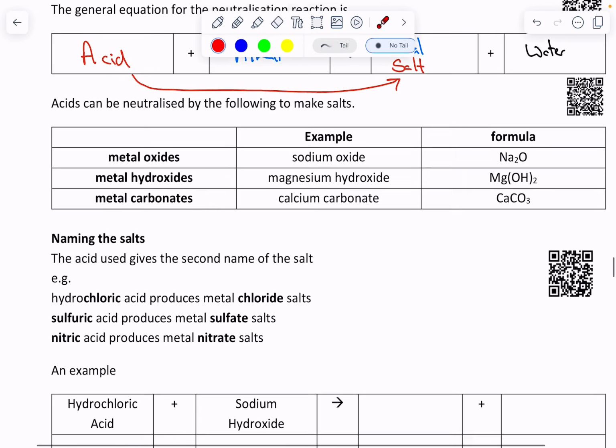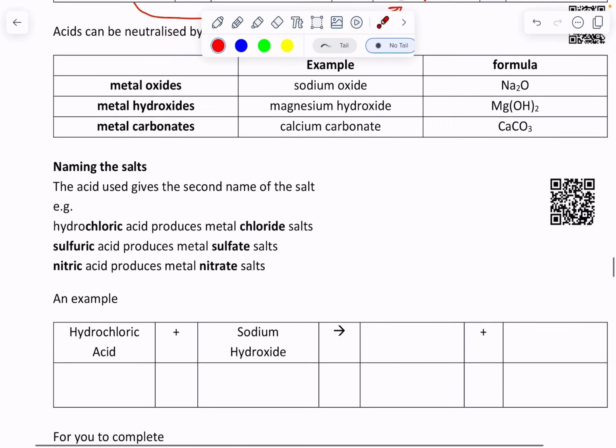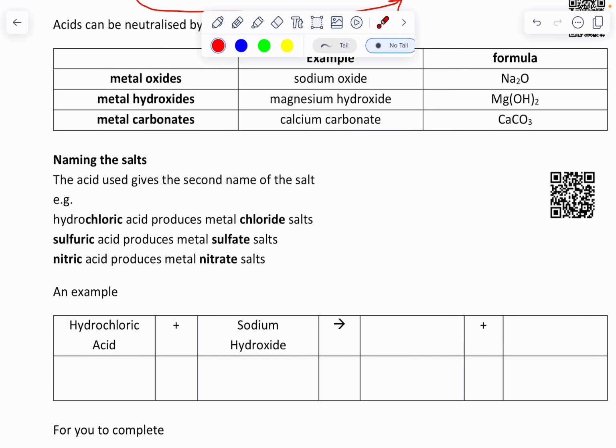If you're going to name the salt, the second name of the salt depends on the acid we use. So if we use hydrochloric acid, we always make a chloride salt. If we use sulfuric acid, we make a sulfate salt. And if we use nitric acid, we make a nitrate salt.